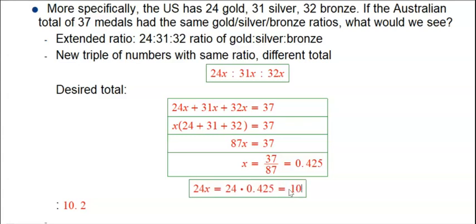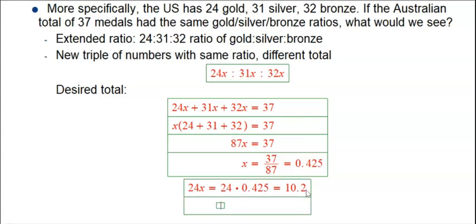I'm going to leave the 0.2 in there, even though you can't get a fifth of a medal. But we would expect a little over 10 golds. 31x. So we take the American silver total and scale down by the appropriate scale factor to translate to an Australian prediction.